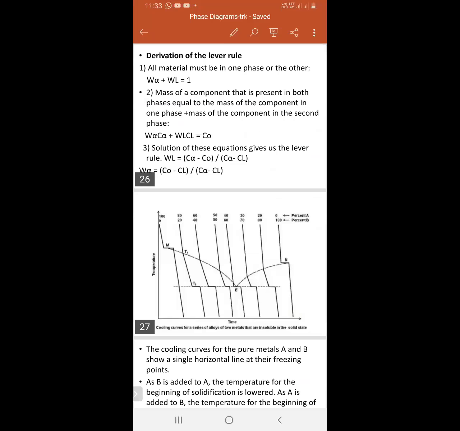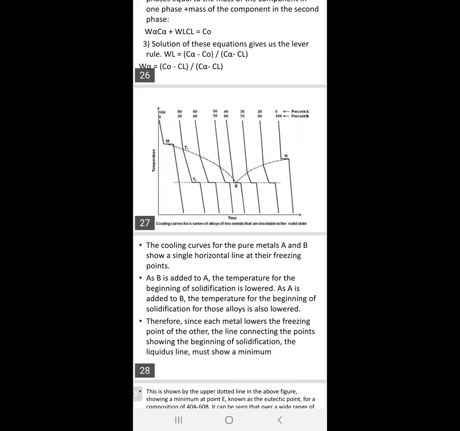Between the two pure metals, there are the liquidus lines. Here the temperature is the partial eutectic. See the temperature range, 80% to 20%.